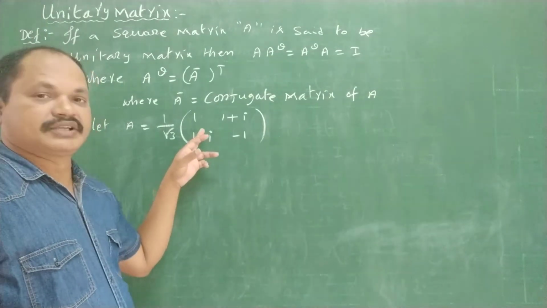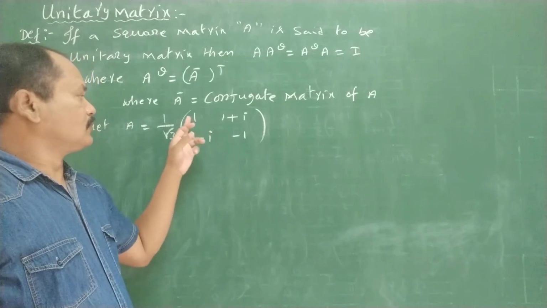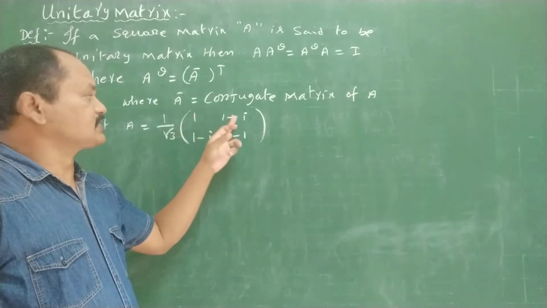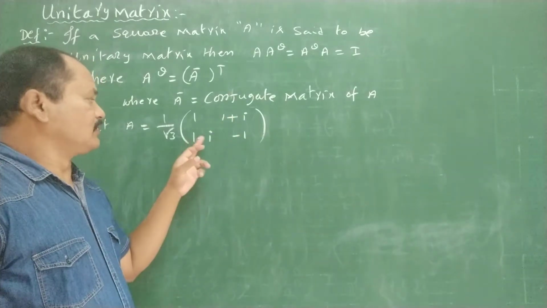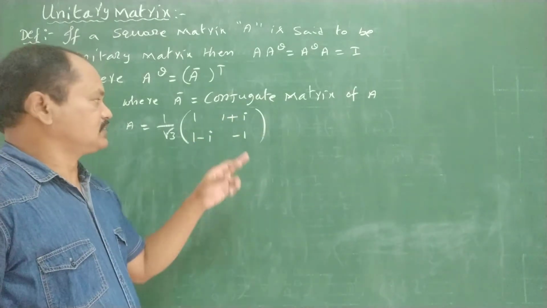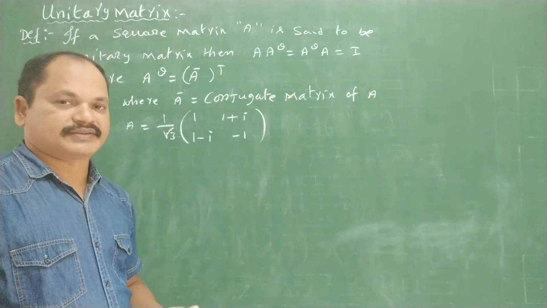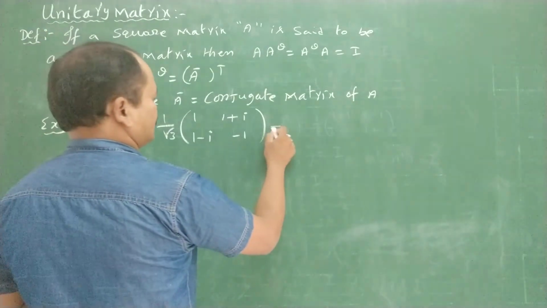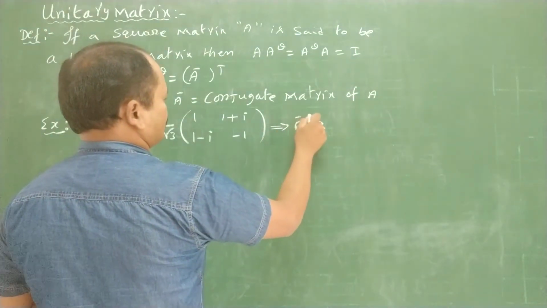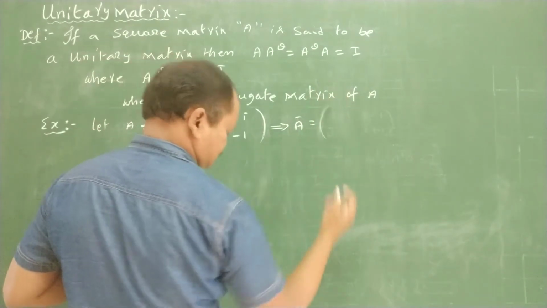Now, observe, involving the elements, here it is a real number. Here it is a complex number. 1 plus i is a complex number. 1 minus i is also a complex number. Minus 1 is a real number. Okay? Now we have to write A bar, that is the conjugate of these complex numbers.